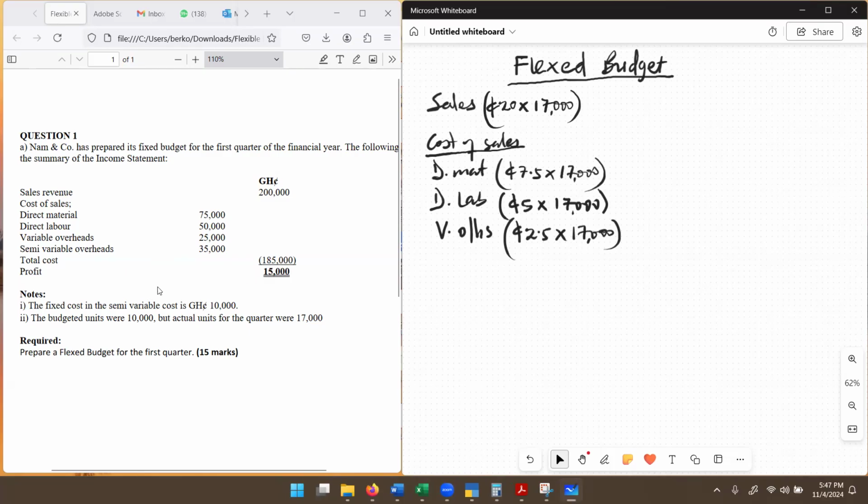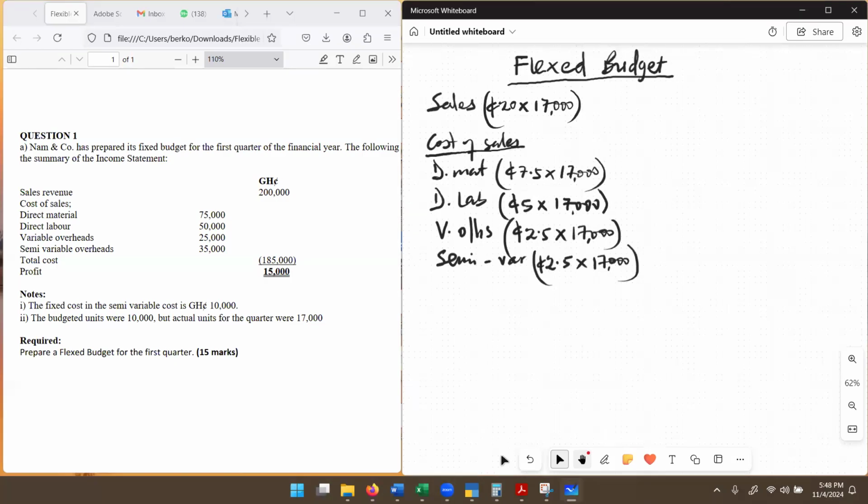So if fixed is 10,000, meaning the variable is what? 25,000. So the variable amount in it is 25,000. If you divide the 25,000 by 10,000, that will give you what? 2.5, multiplied by what? 17,000.